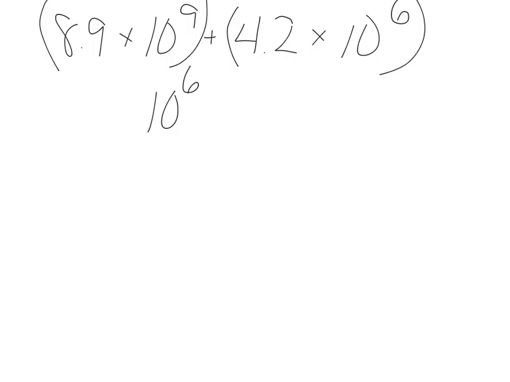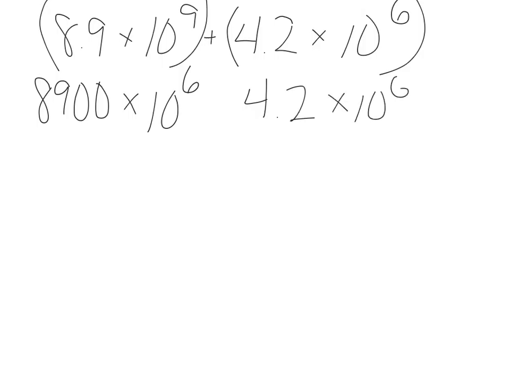That got smaller by 3 spots. So that means the other number has to get bigger by 3 spots. 8.9. So if I did that, it'd be 1, 2, 3. So it was here, and I'm moving it 1, 2, 3. So that should be 8,900 times 10 to the 6th plus 4.2 times 10 to the 6th.